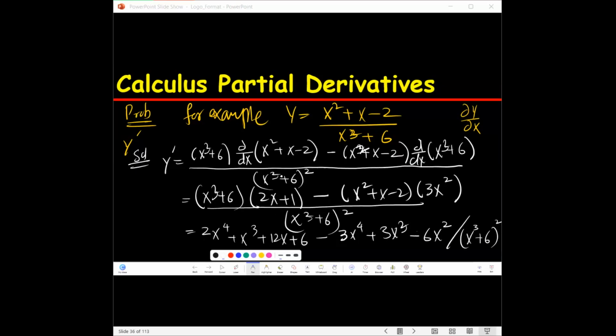Okay, so we can further simplify it. I think there are many ways you can simplify this one, and that would be the answer.